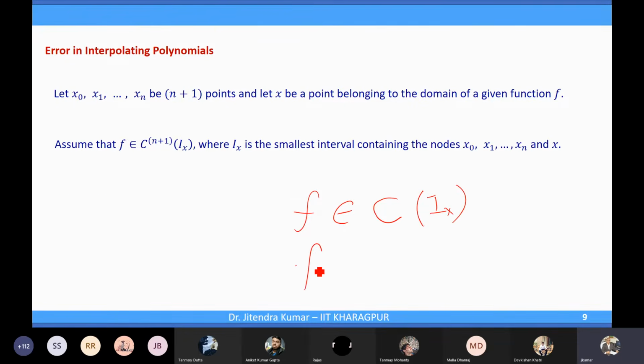If f belongs to C1, the function is differentiable one time. If f belongs to C2, the function is differentiable 2 times. Okay, yes, sir.